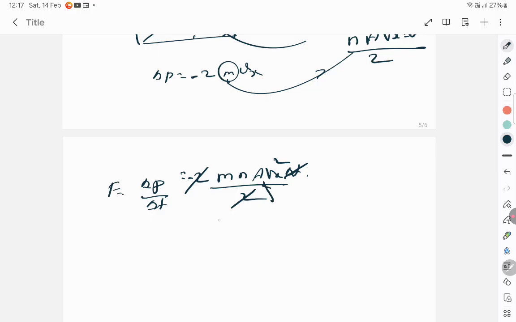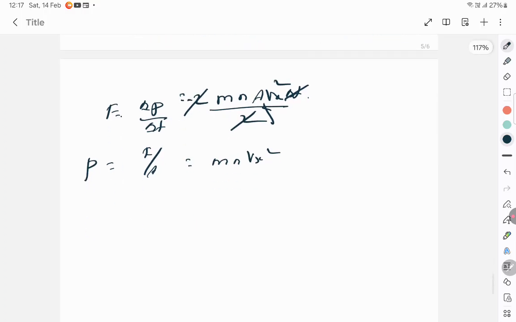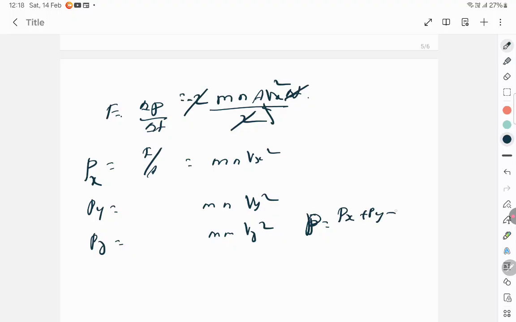And next step, I can bring the A down, because F by A gives me pressure, which will give me mn Vx squared, ignoring the negative signs. You get P along the x direction. P along the y direction will be mn Vy square. P along the z direction is mn Vz square. And pressure is a scalar, not a vector. So it's Px plus Py plus Pz by 3.